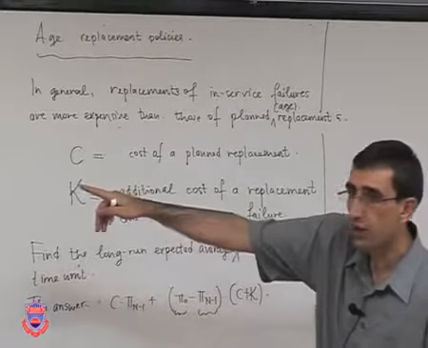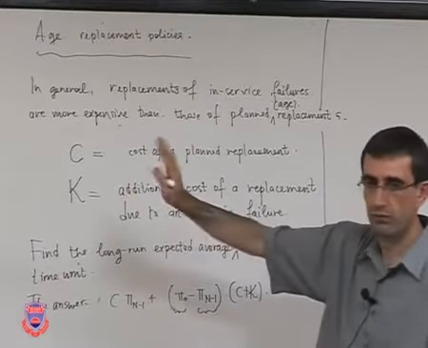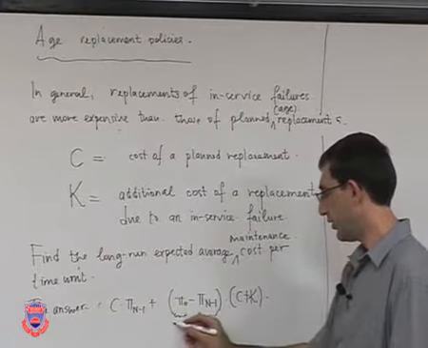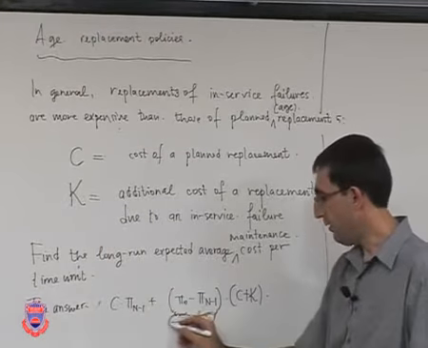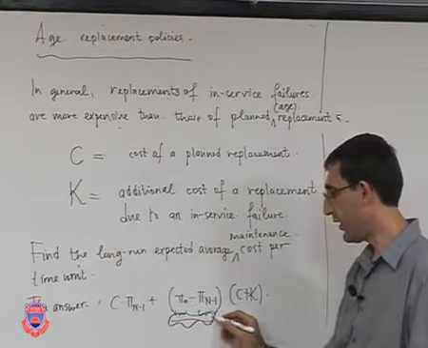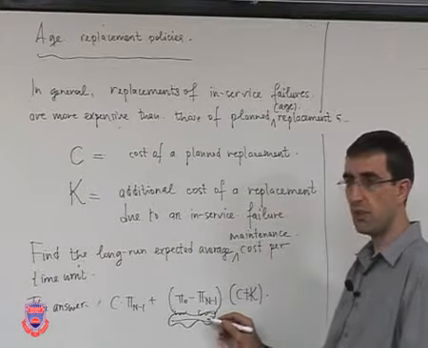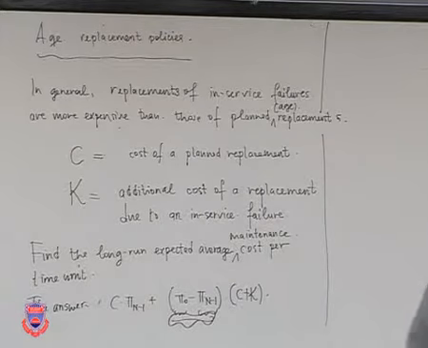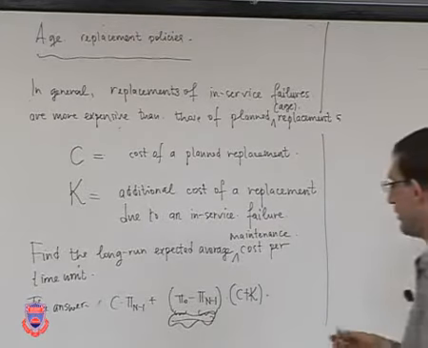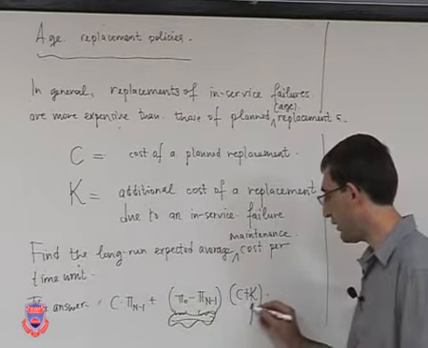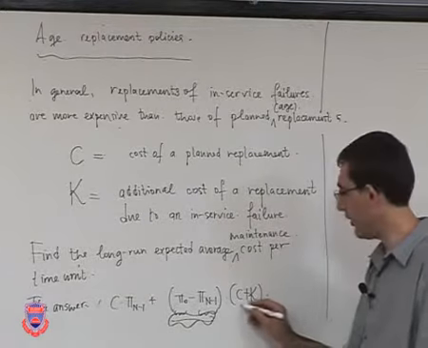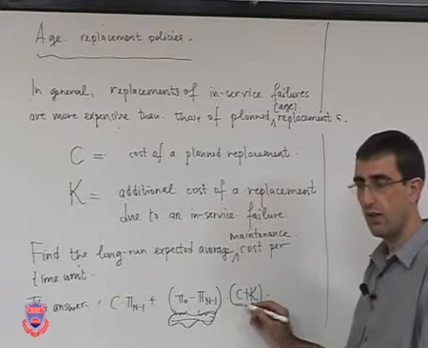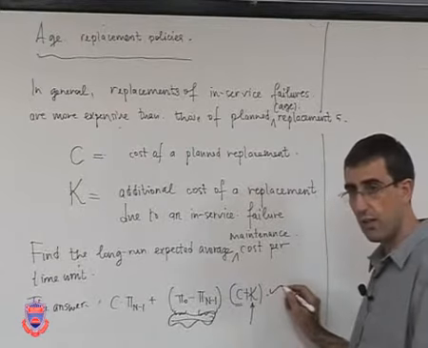We discussed it actually, it's already on the whiteboard. So this is the fraction of time when you incur more maintenance costs because you needed to replace the thing while it was really in service, and therefore you have to pay this additional cost on top of C. So we are done with it.